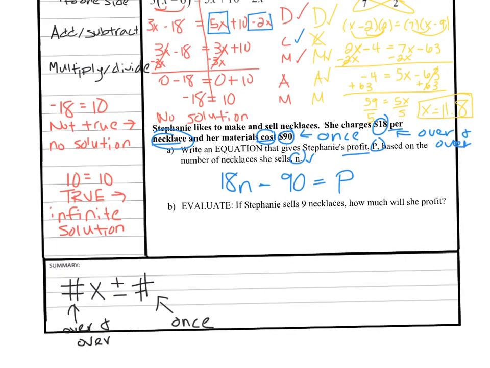Looking at B, I need to evaluate if Stephanie sells 9 necklaces, how much will she profit? So in my previous example, N stood for necklace, and P stood for profit.